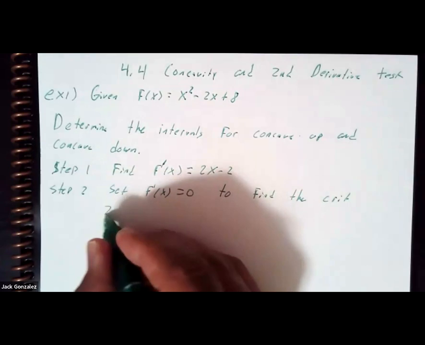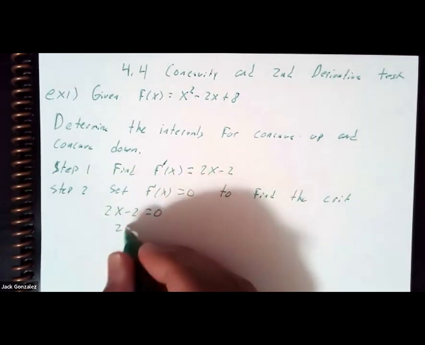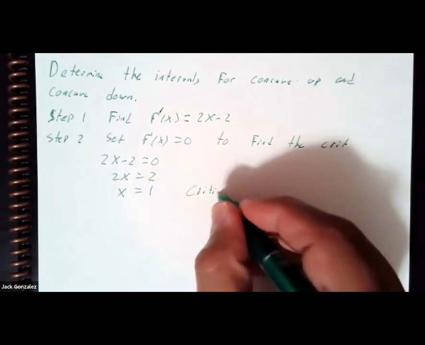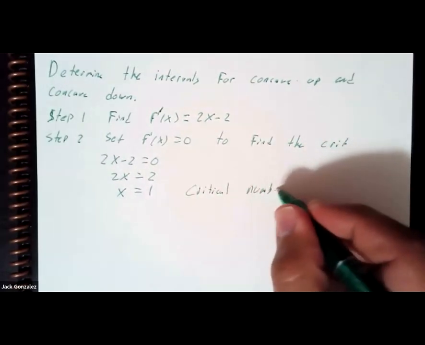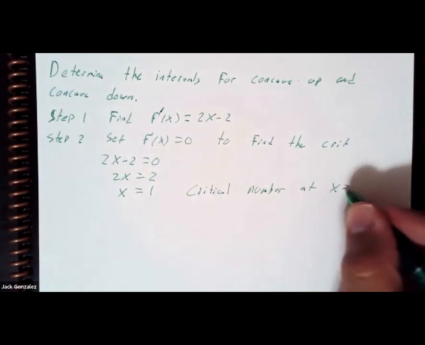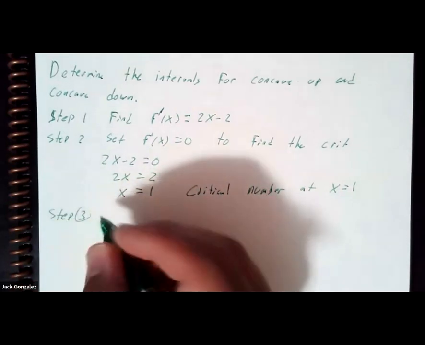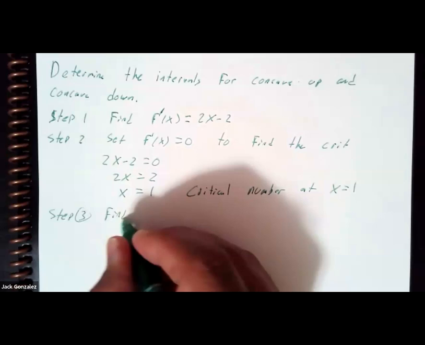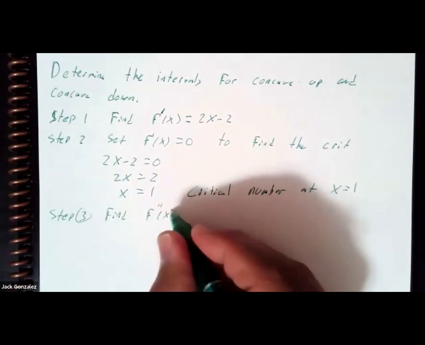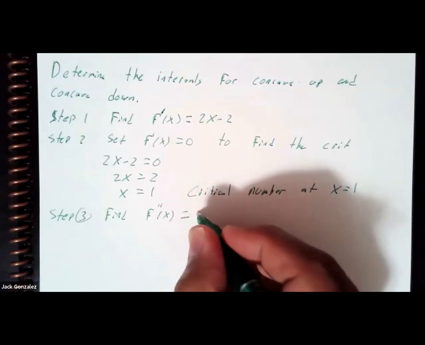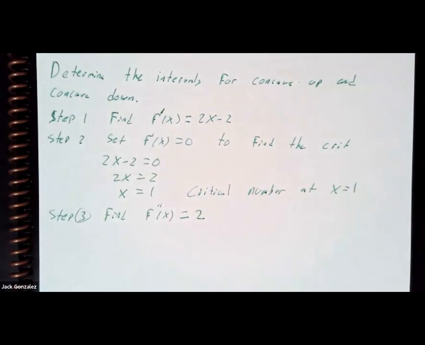All right. 2x minus 2 is equal to 0. 2x is equal to 2. x is equal to 1. Critical number at x equal to 1. Step 3, find f double prime. So that would simply be positive 2, correct?